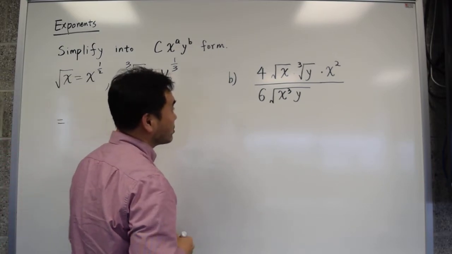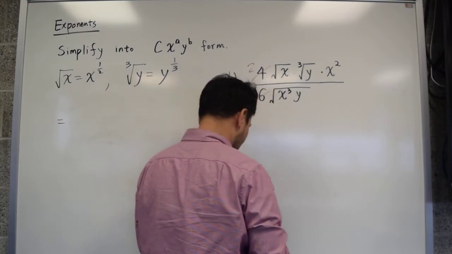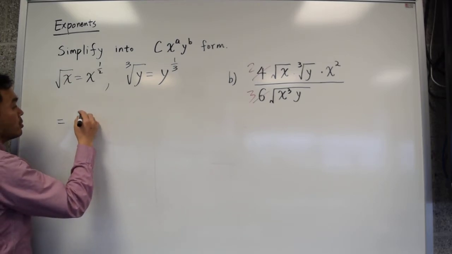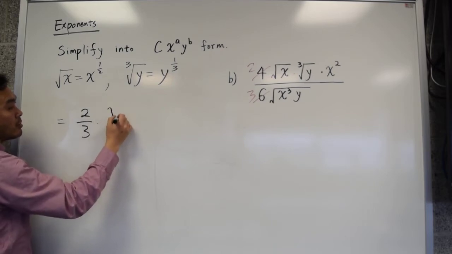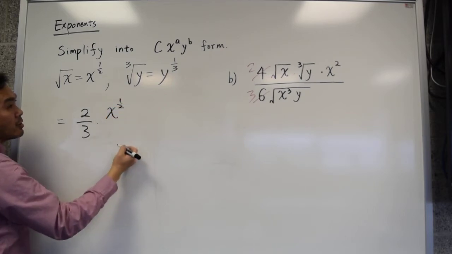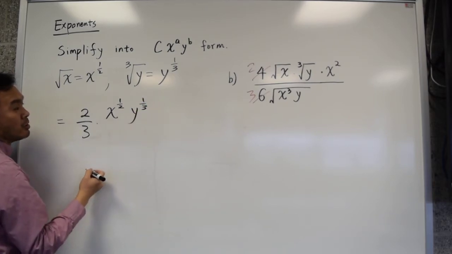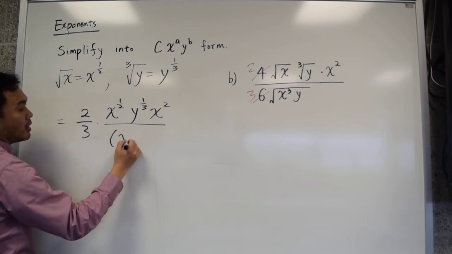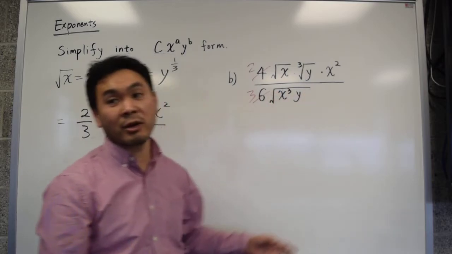Before we do that, let's reduce 4 and 6. This is 2 and 3. And you have 2 over 3 times square root of x. We just agreed that it's 1/2 power. Cube root of y is y to the 1/3 power, that we agreed. And then you have x squared divided by x cubed y, and then we want to also replace the square root by what?